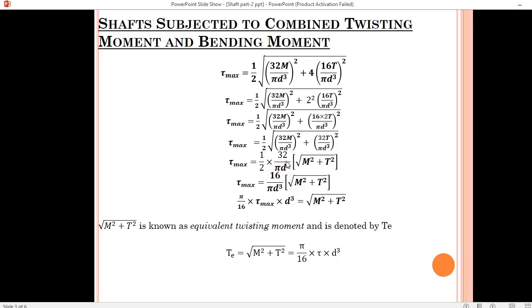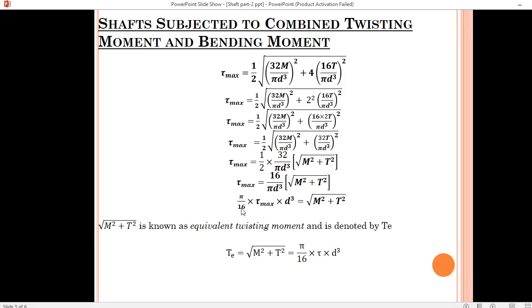So I am taking this as common, and the square root of 32 divided by pi d cube squared is 32 divided by pi d cube. This 2 is getting cancelled, so we are getting 16 divided by pi d cube into root over of M square plus T square. So this whole term is getting multiplied here.